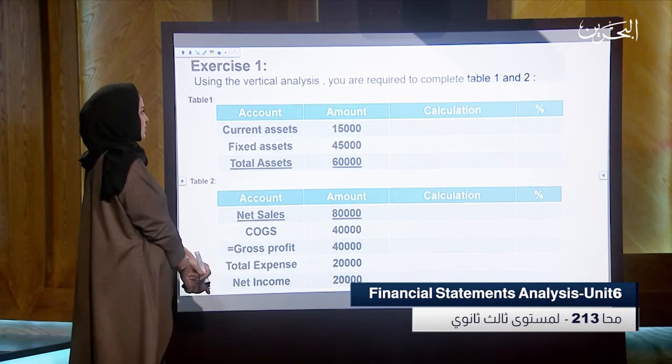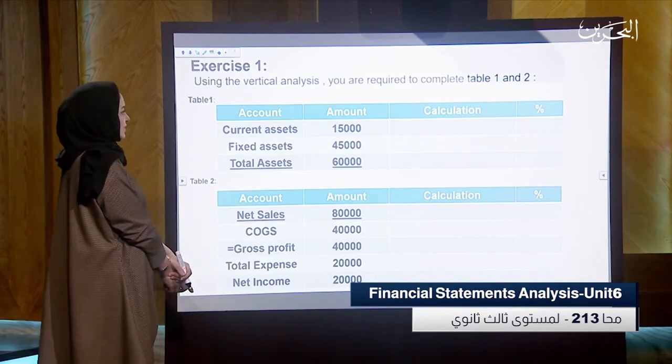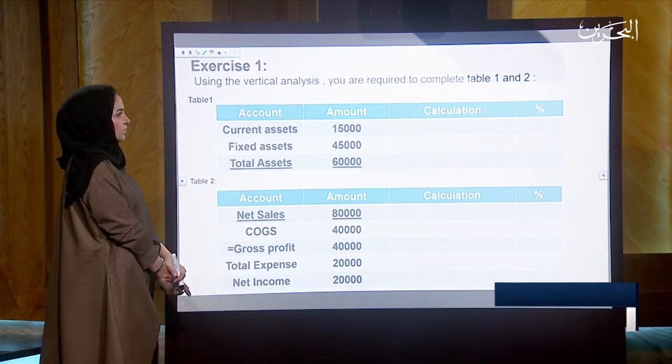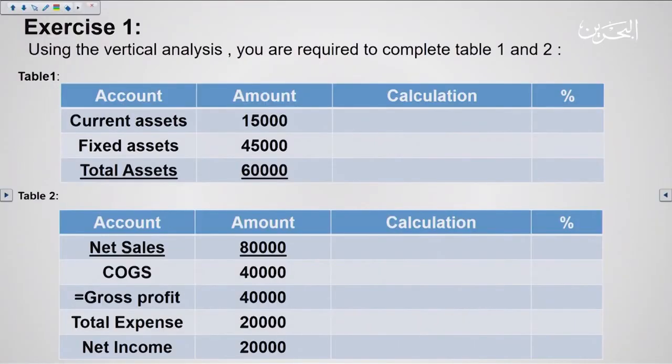Okay, let's solve exercise 1. Using the vertical analysis, you are required to complete tables 1 and 2. Table 1 has current assets and fixed assets, so it's assets data, so it is the balance sheet. The rule for the balance sheet says any item of assets divided by total assets.